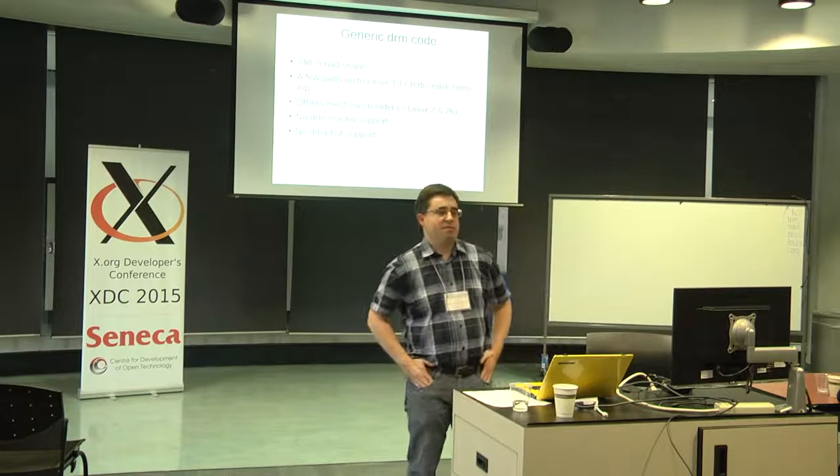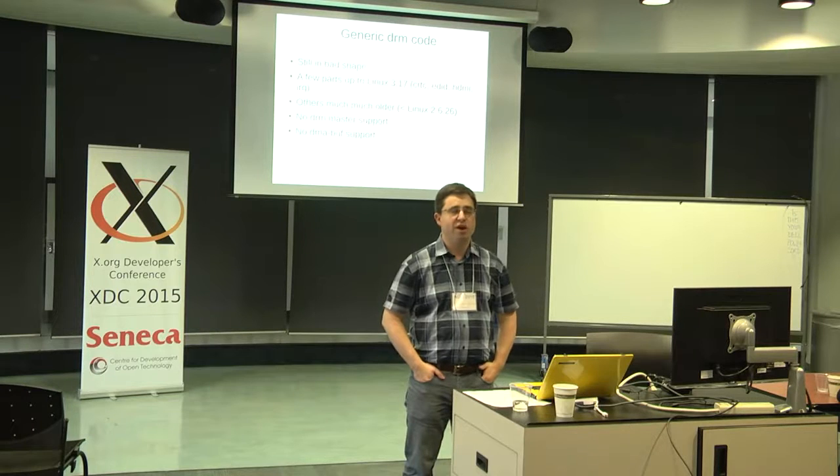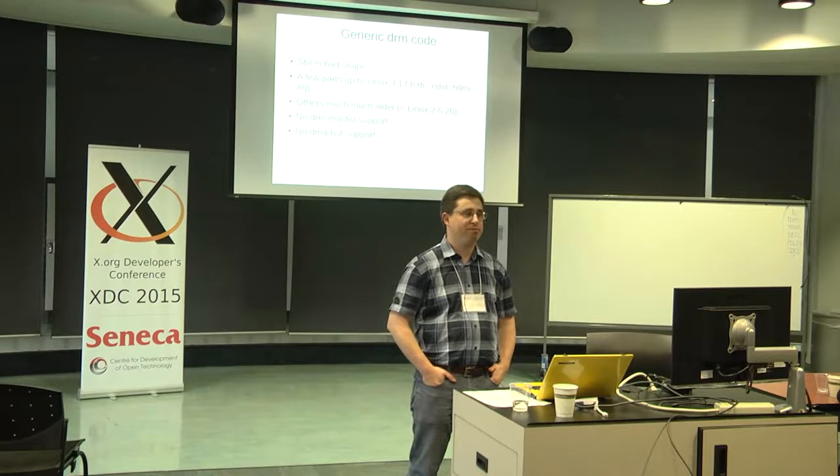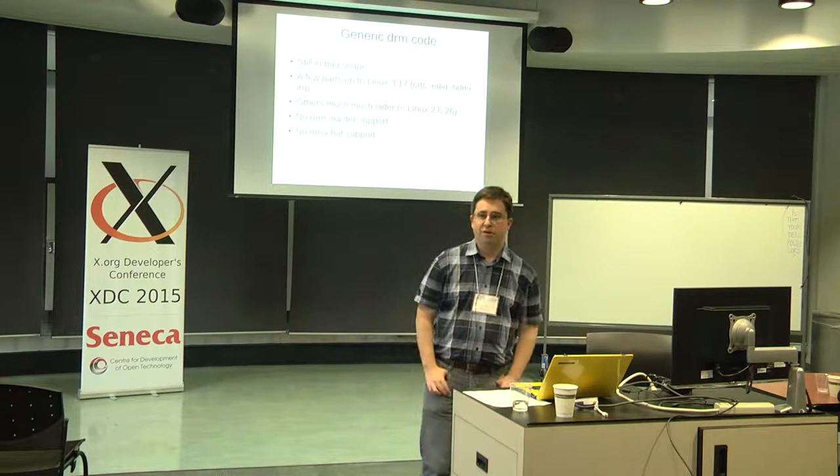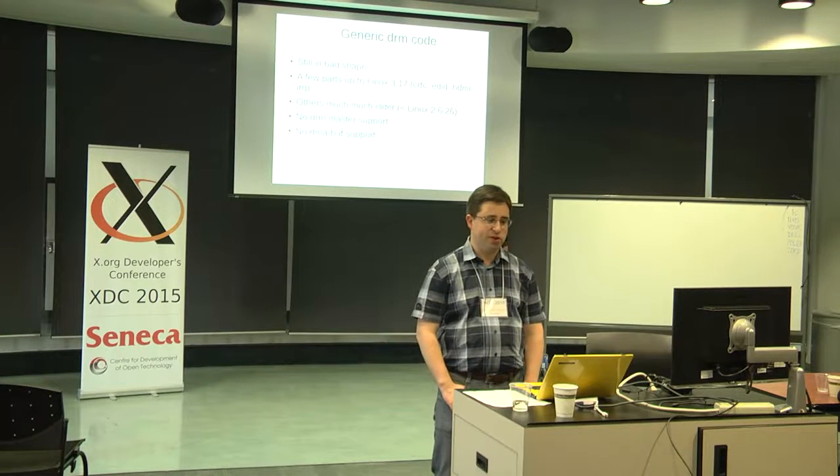Now with the DRM drivers, we have a generic DRM layer. It has been neglected for years. We basically inherited it from FreeBSD and the old DRM effort, which started maybe 15 years ago. I'm not sure exactly of the history. So it's in relatively bad shape.